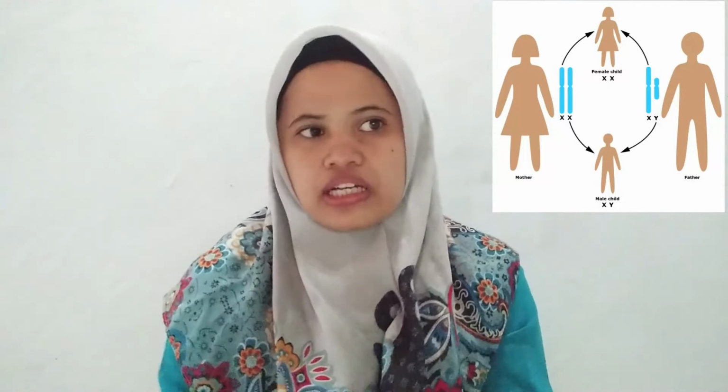One member of each pair of chromosomes comes from the mother, and one member of each pair comes from the father. A photograph of the chromosomes in a cell is known as a karyotype. The autosomes are numbered 1 to 22 in decreasing size order.